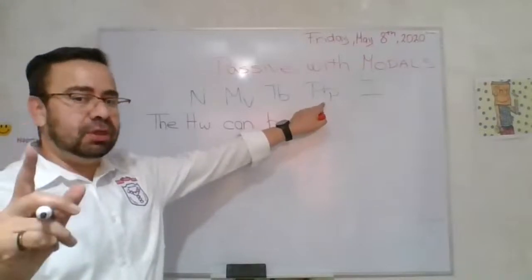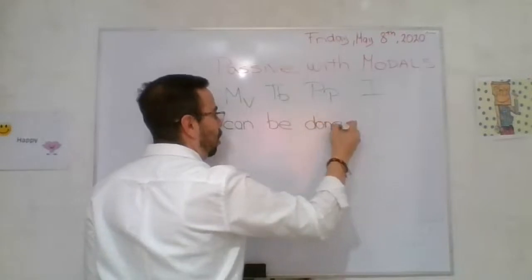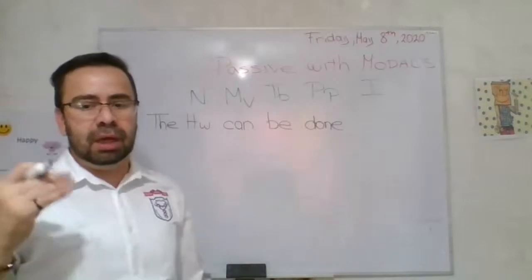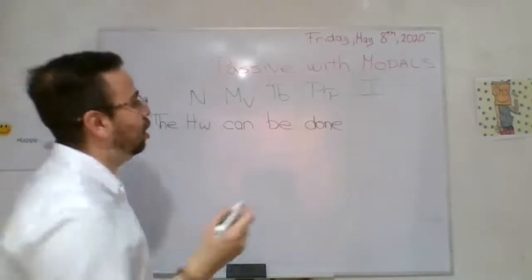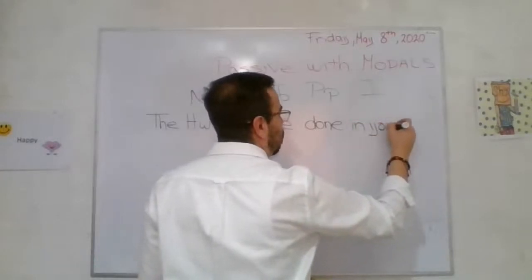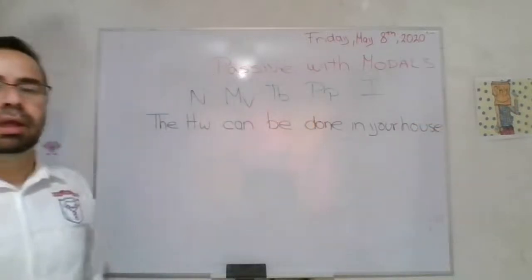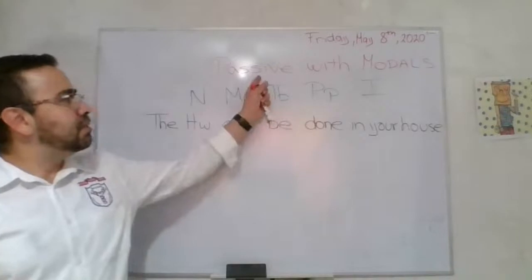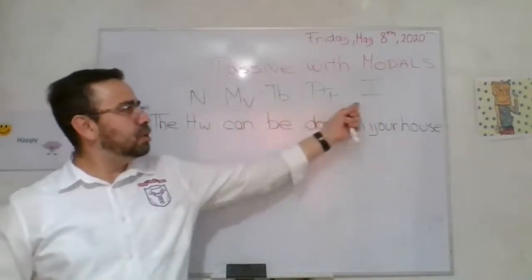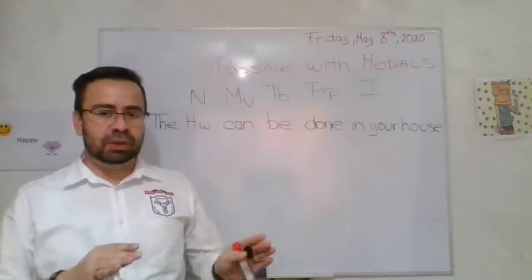One verb in past participle. The homework can be done in my house. Here we have one example of passive with modals. Noun, modal verb, verb to be, past participle, and information.